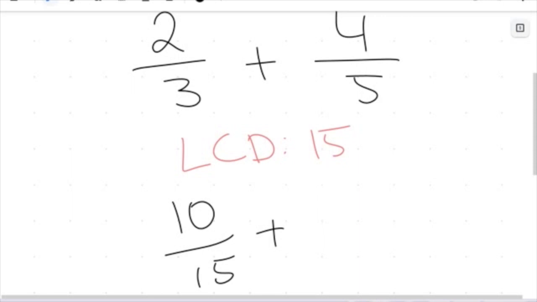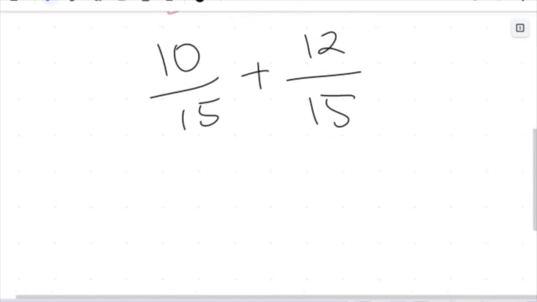So we're going to times 5 by 3, and then we do the same to the top. 4 by 3 gives us 12, 5 by 3 gives us 15 as we'd expect. Now that the denominators are the same, we can just add the numerators over the same denominator. So that gives us 22 over 15.